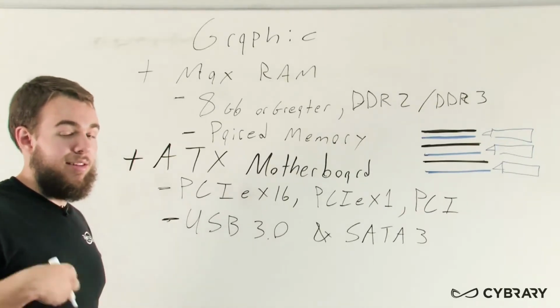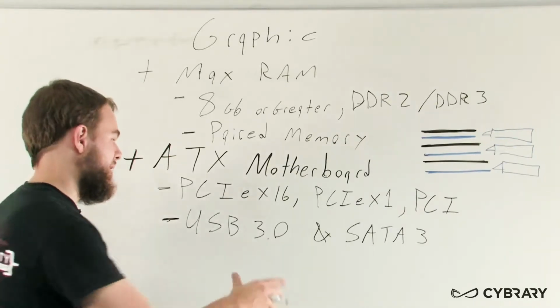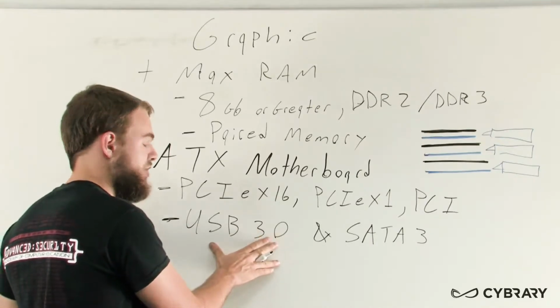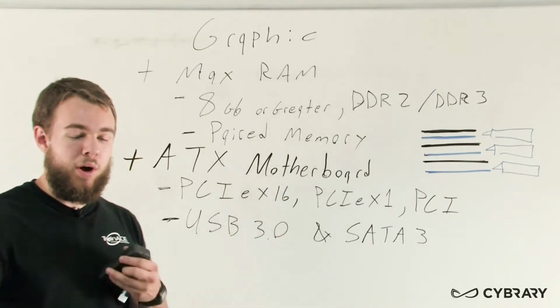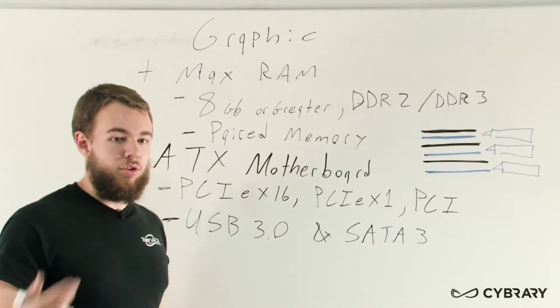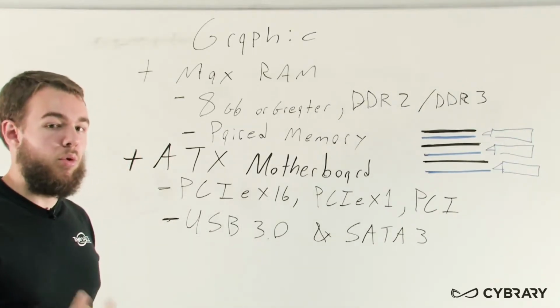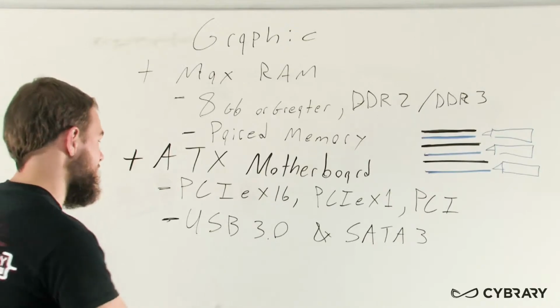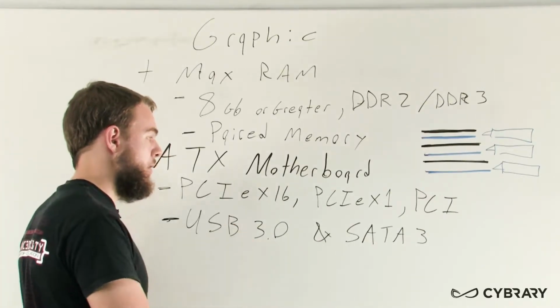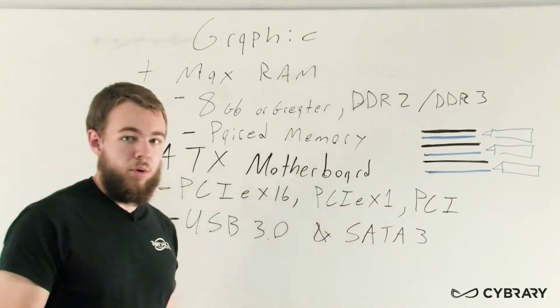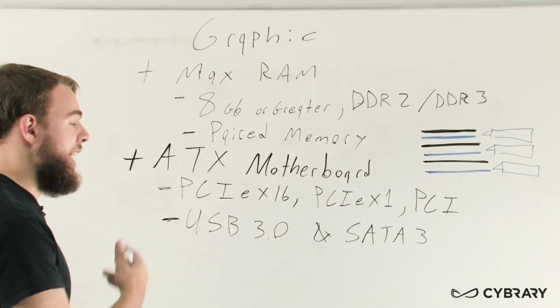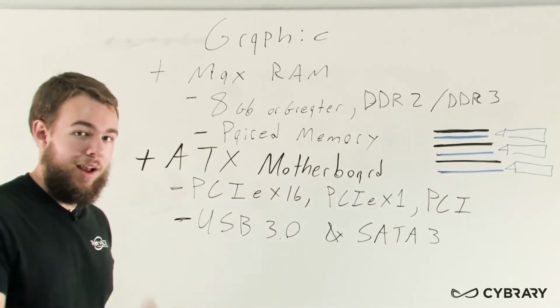We need to save that onto our disk. We need to save that onto a USB drive. That's going to give us a much quicker transfer rate to our storage device and a much quicker read rate from our storage device than USB 2.0 or 1.0 or SATA 2 or SATA 1. We want to make sure that we're getting that optimum performance, especially now that we're investing in this.